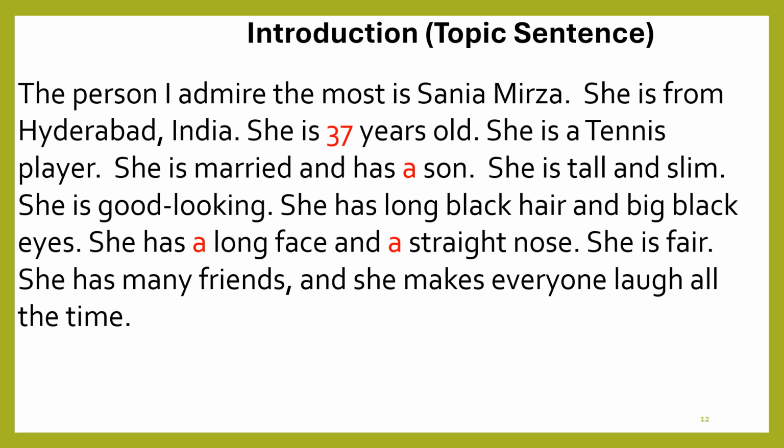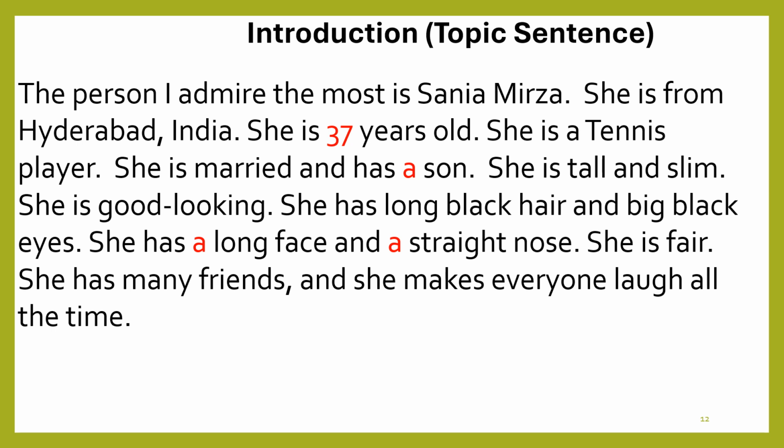Now you can see that I have highlighted a few words in red. The first is she is 37 years old. Now when you check on internet you will get to know about the age. That's how I checked it, but in exam it's not possible for you. So instead of writing that, you can say she is middle aged. Okay, in place of exact age, you can write she is middle aged.